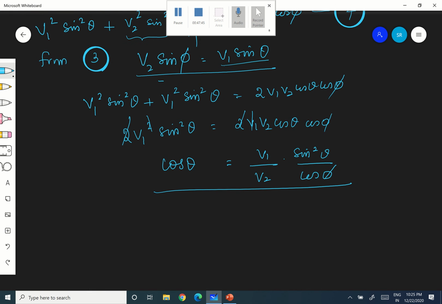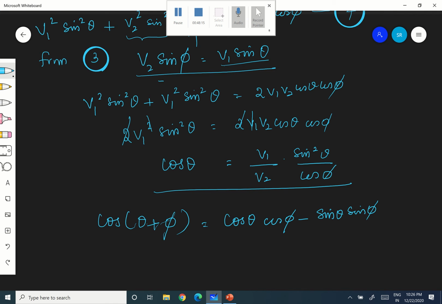Now you want theta plus phi, so you go for cos of theta plus phi. Formula: cos of A plus B is equal to cos A cos B minus sin A sin B. Therefore, cos theta cos phi minus sin theta sin phi.